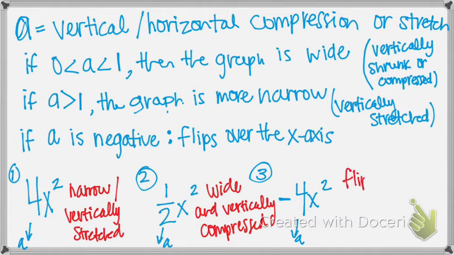It flips over the x-axis. And then we look at the number. What is that number? It is 4. We already used the negative. Negatives are done. We've already checked it off. The 4 is greater than 1, so the graph is going to become more narrow. So do you see how you have to play two things? A negative sign and the number. Okay?